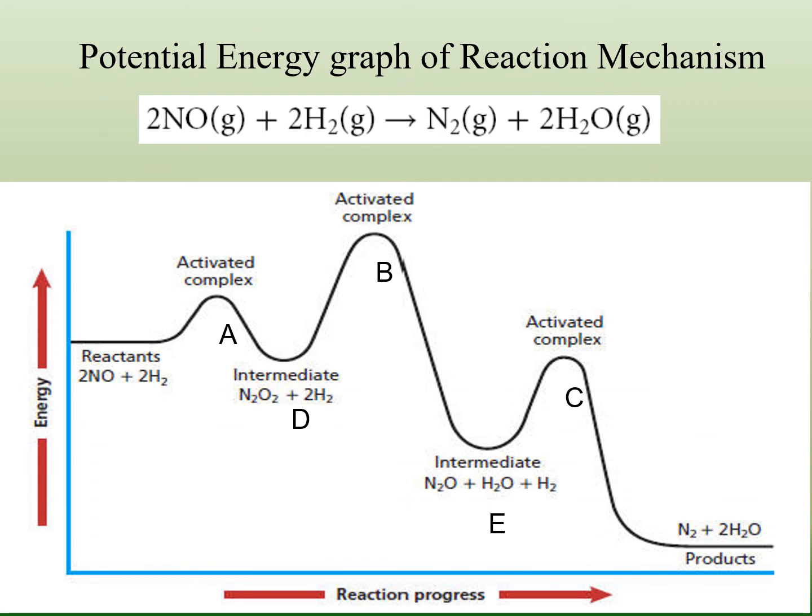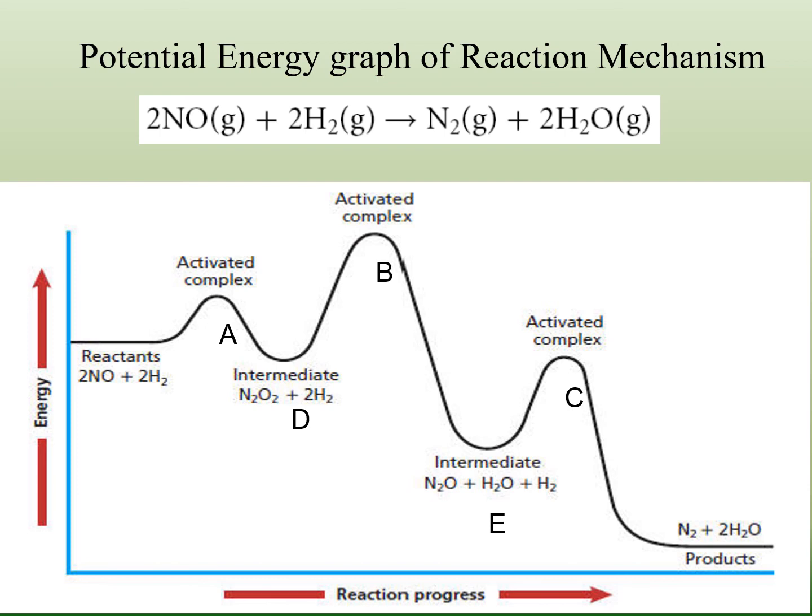This is the potential energy graph of the reaction mechanism of the reaction of nitrogen monoxide with hydrogen. This is an example of a stepwise reaction. Each step has its own activation energy. We begin with our reactants on the left. The peak at A represents the activation energy of step 1. The intermediates formed go on to react, and the peak at B represents the activation energy of step 2.